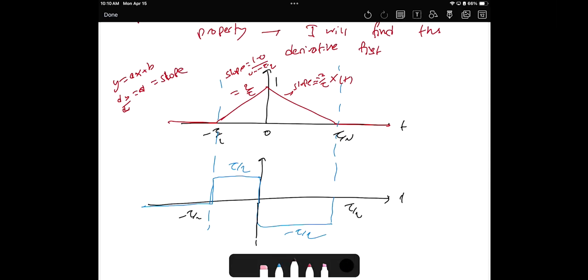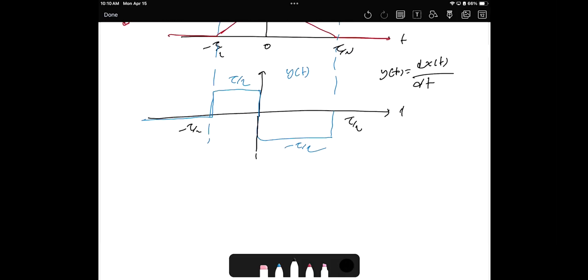Now this function, since it's the derivative, I'm going to call it y of t, such that y of t equals dx of t over dt. My idea is, after finding the derivative, to find the Fourier transform of y of t first. Then, to find x of t, the original function, I'm going to do the integral.